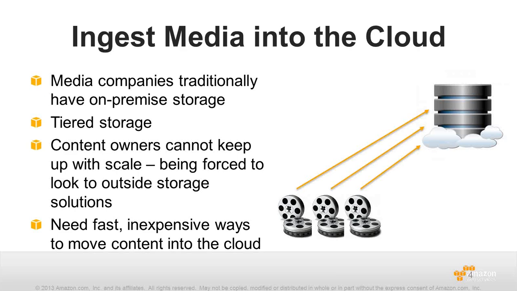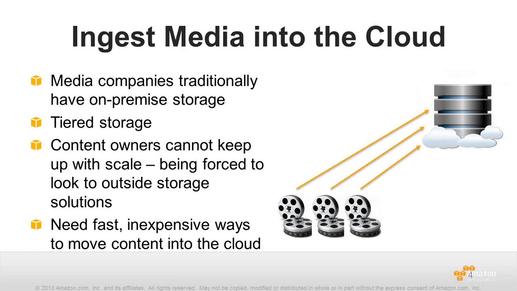With these challenges, media companies are starting to think about moving a lot of their storage into a cloud environment. And there are a number of methods that you can use to do that. You can do the traditional pushing it over the wire, over the internet. There are also accelerated software solutions available from companies in the AWS partner program, companies like Aspera or Signiant and others.